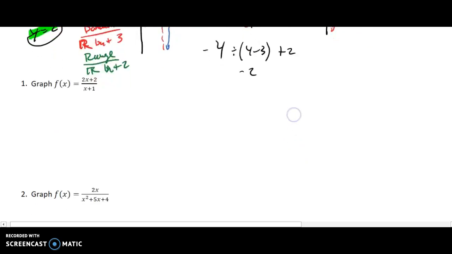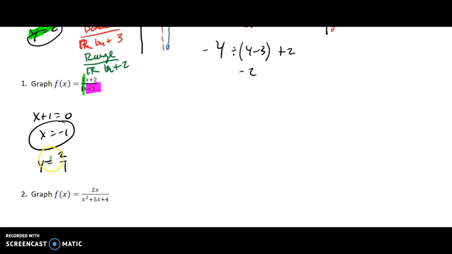All right, graphing this next one, same concept here, just a little different. The purple is the same, so we're going to get x plus 1 equals 0, so x equals negative 1 is our first answer. Then our next one is going to be the coefficients right there. So I'm going to erase this purple here and just highlight this because that is our y value.